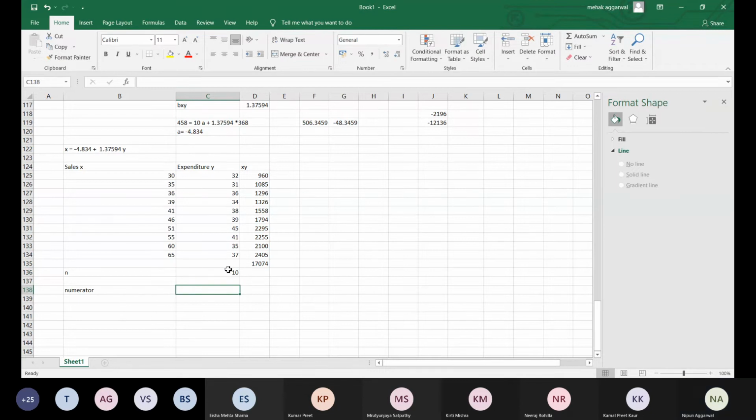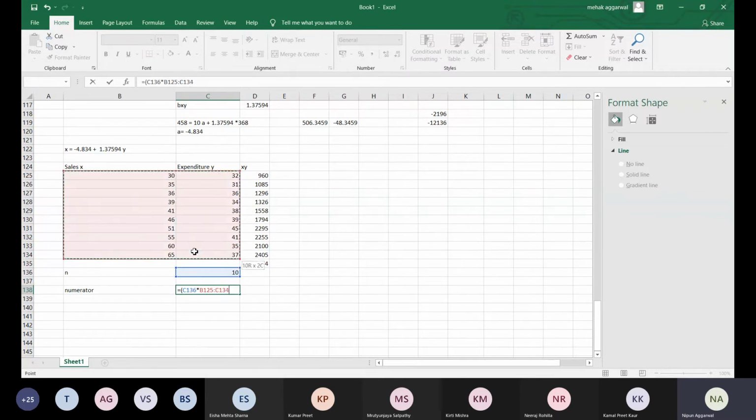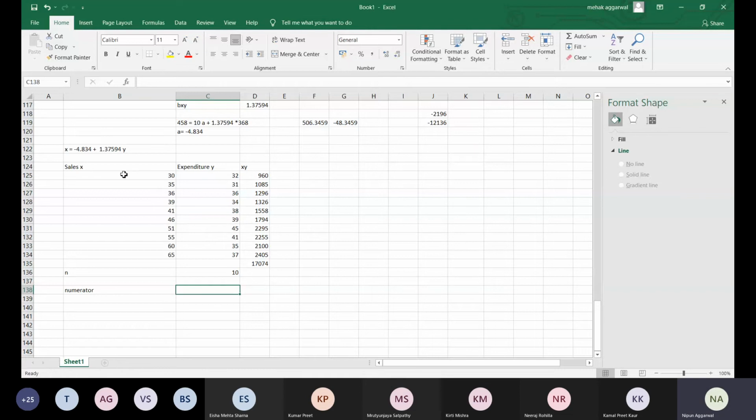So the numerator becomes equal to n into summation xy. First we have to calculate the summation of x and y also. So first calculate the summation of x and then summation of y.